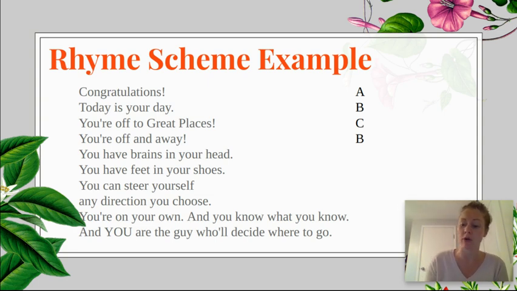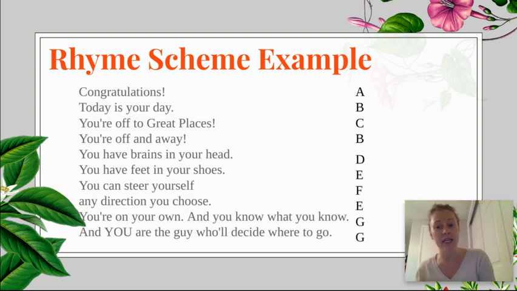Choose and shoes rhyme, so I label that line E. That's the next 4 lines. And then the last 2 lines, you're on your own and you know what you know, and you are the guy who will decide where to go. Those lines rhyme, so I label them G, G.